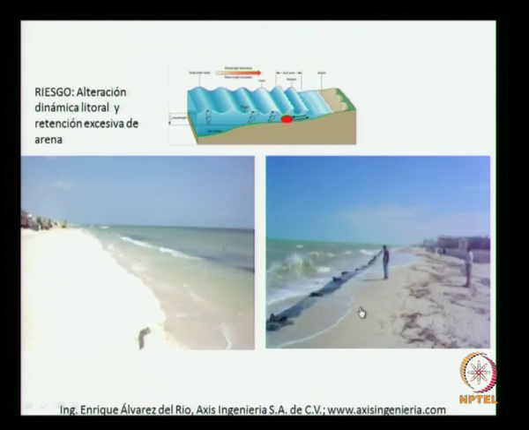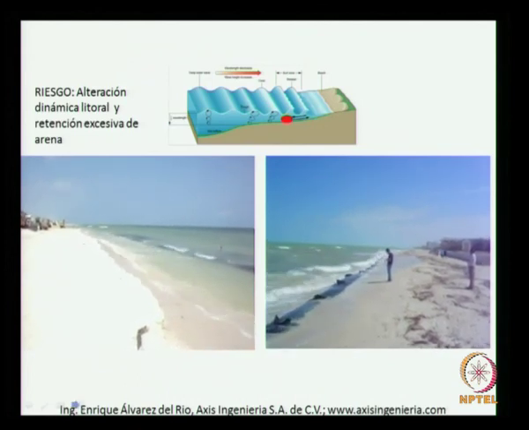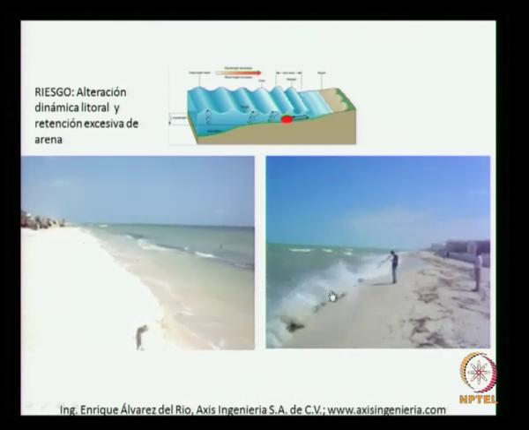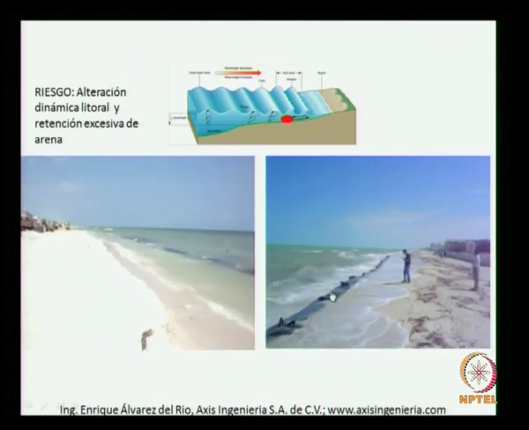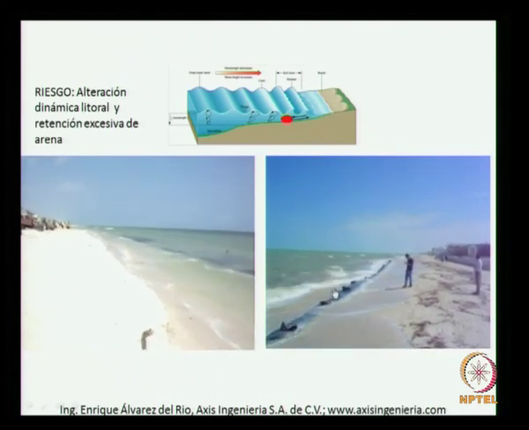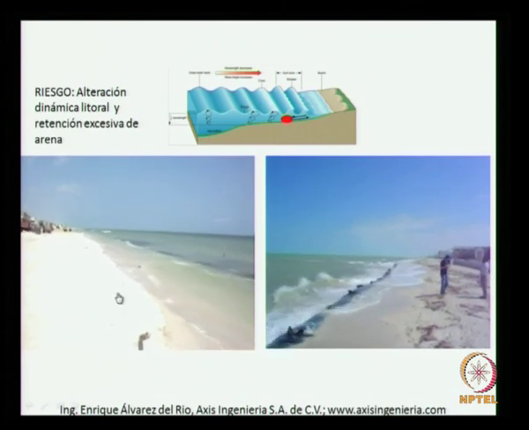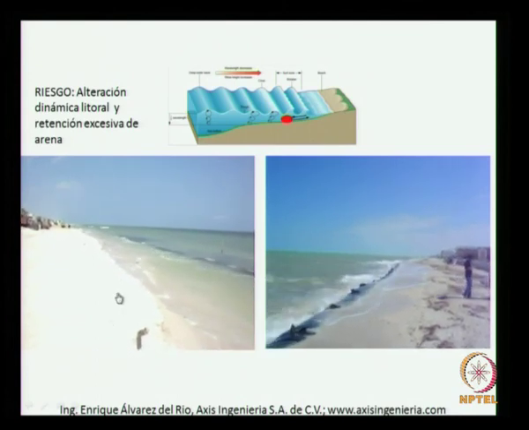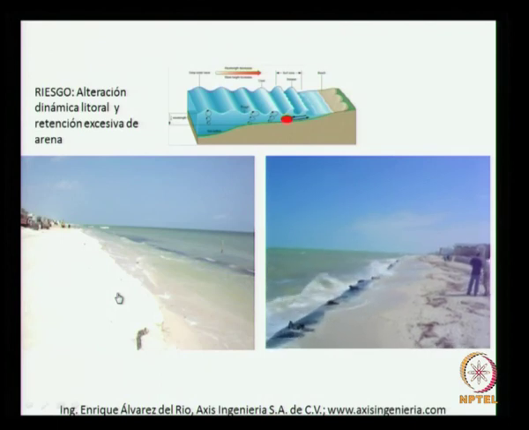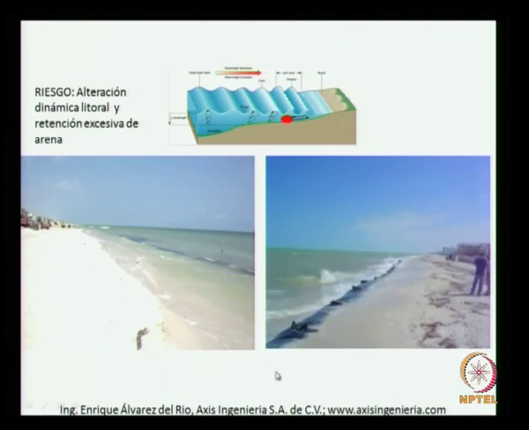See, now here you see that both are submerged near the beach, and you see the difference. Here you have the dissipation of the energy, and that is going to enhance the beach formation. But the same geotube is fixed here, submerged, and you see that this is acting as a reflecting boundary.